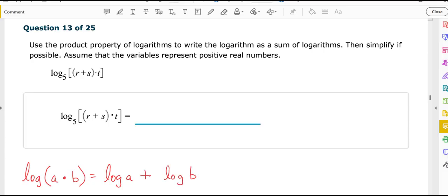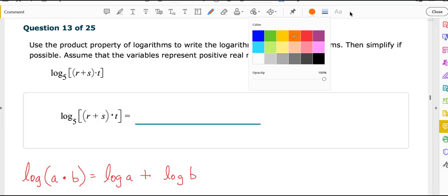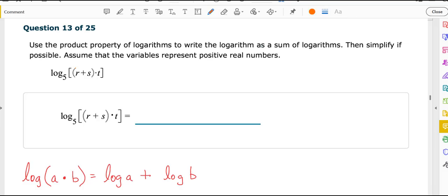Knowing that information, what is the log base 5 of (r plus s) times t? You're going to write log base 5 of (r plus s) plus log base 5 of t. You don't have a property that says you can do anything to that. You just leave that alone, log base 5 of (r plus s).